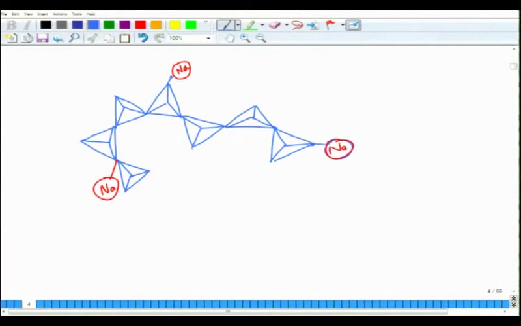You can have a sodium here, and so it doesn't need a 3D network to continue to make the structure. And the angles are arbitrary as well.